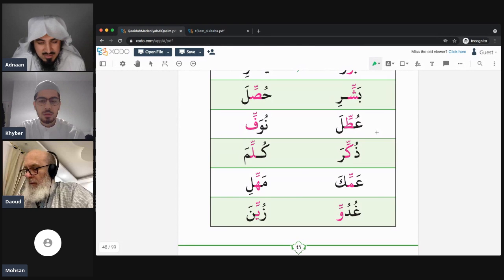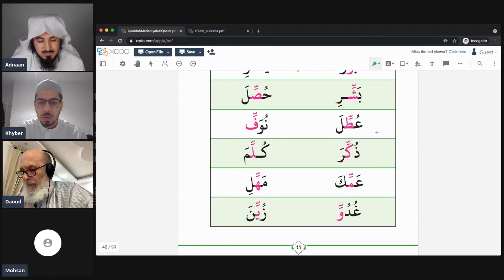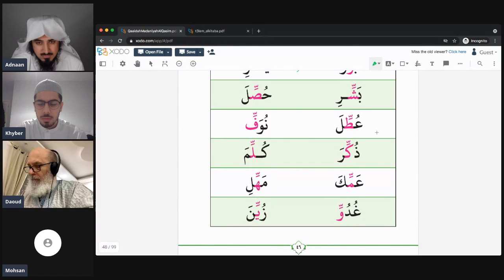The next one. Utti. La. Uttila. Nu. Wa. Nuwafi. Khaybar. عطي لا عطل. نوفي. Ahsant. Muhsin. عطي لا عطل. نوفي.